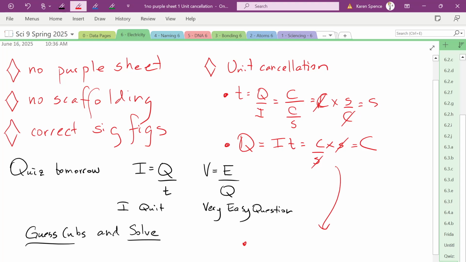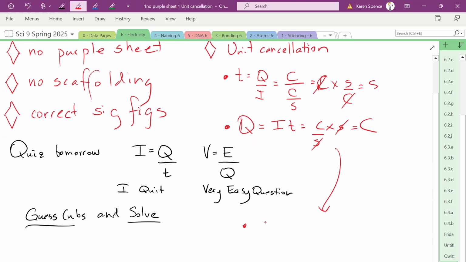Voltage ones. We have E is equal to VQ, and so then if we have our voltage is joules per coulomb times coulombs, that's going to give us joules.